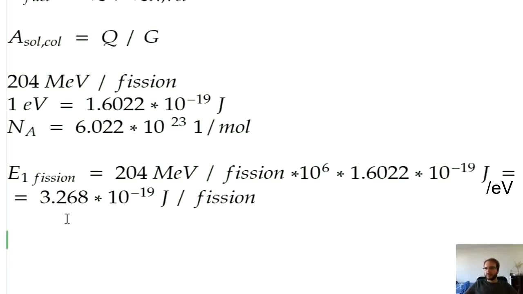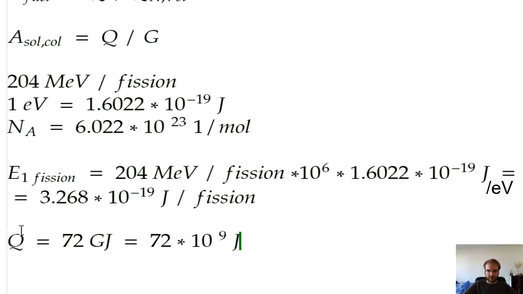Okay, now how many fissions do we need to perform in a single year? Our annual heating demand Q was 72 gigajoules, which is 72 times 10 to the 9 joules. And here we have the energy per single fission.